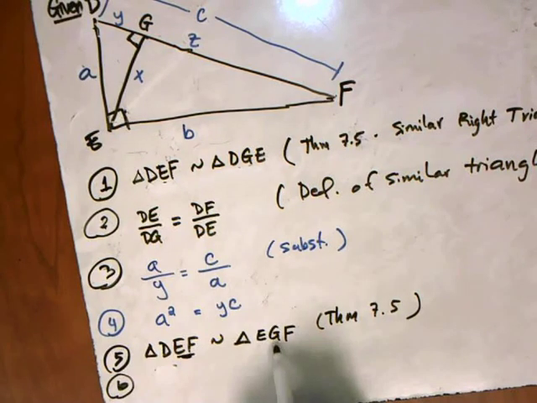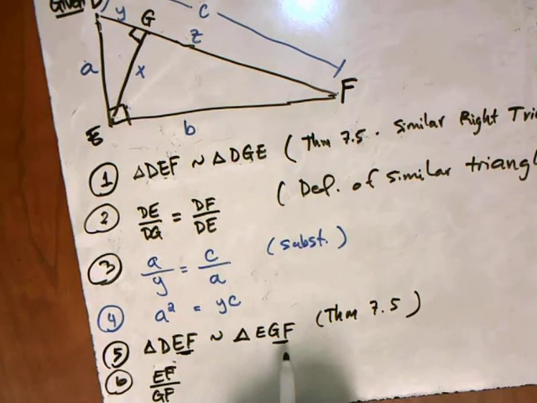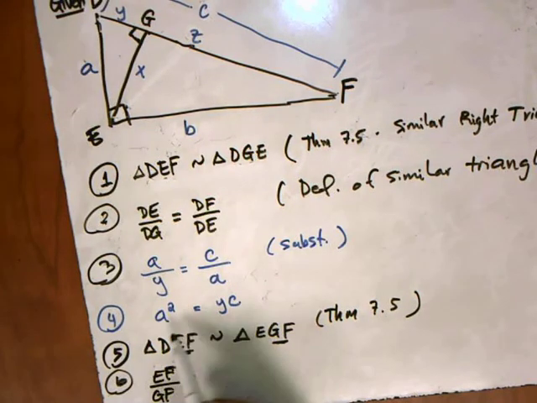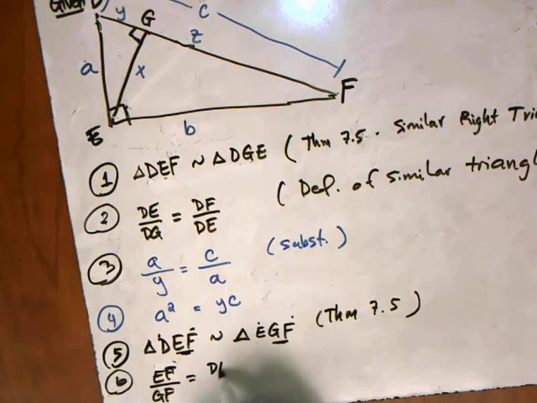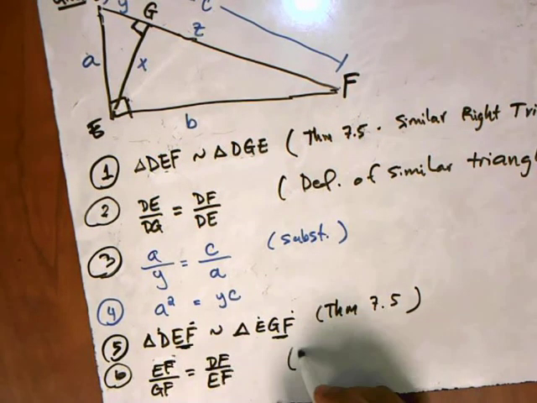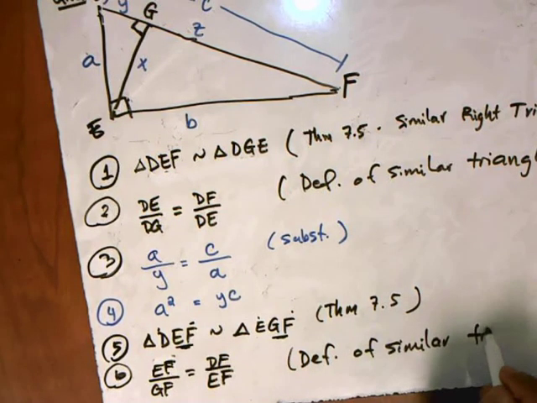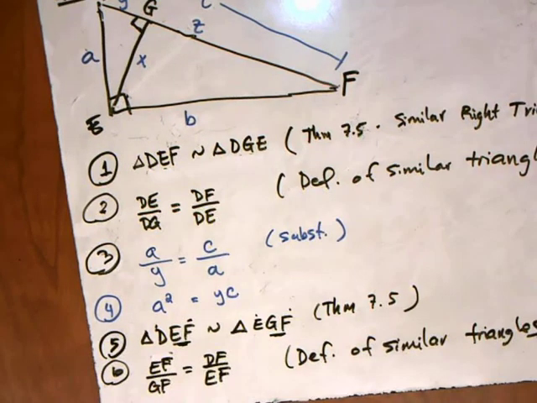EF over GF is going to be equal to DF over EF. And this is the definition of similar triangles. If the two triangles are similar, then I can write a proportionality statement.